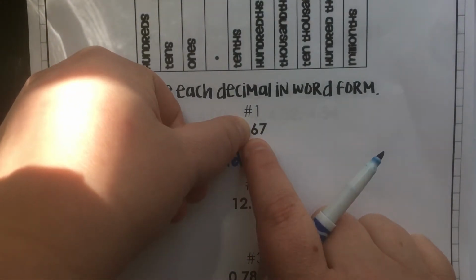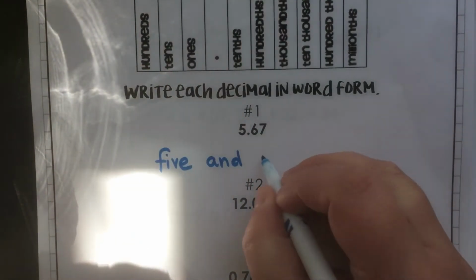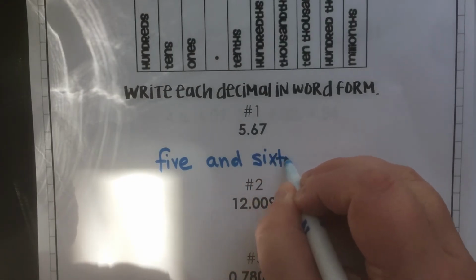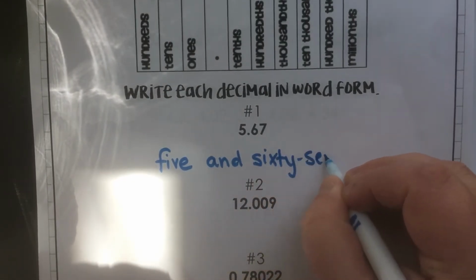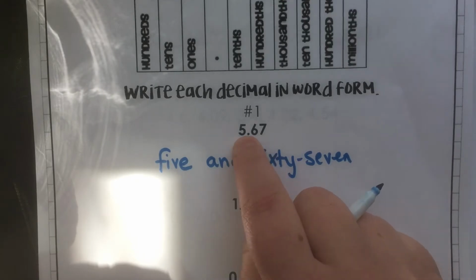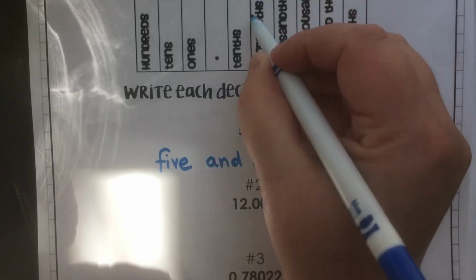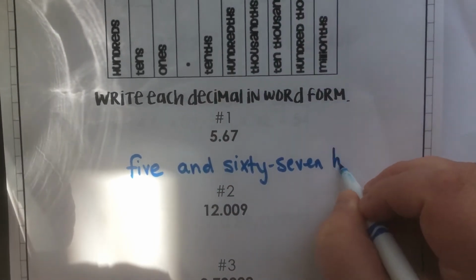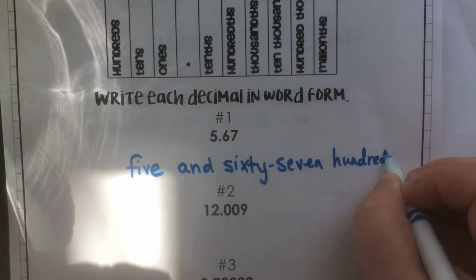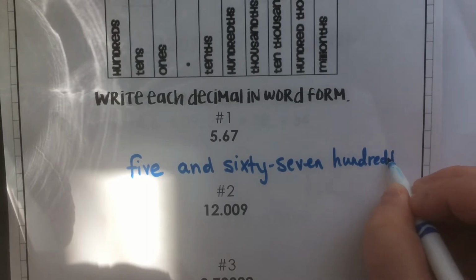What number is that? 67. What's the place value of the second number after the decimal? Hundredths. Make sure you don't do hundreds, it's hundredths.